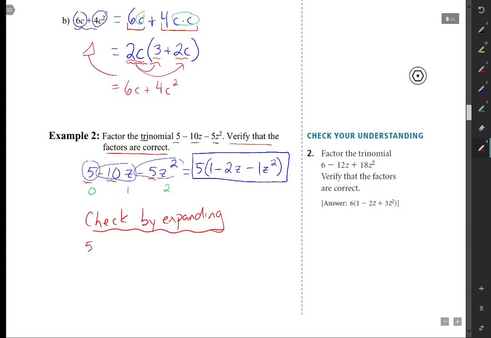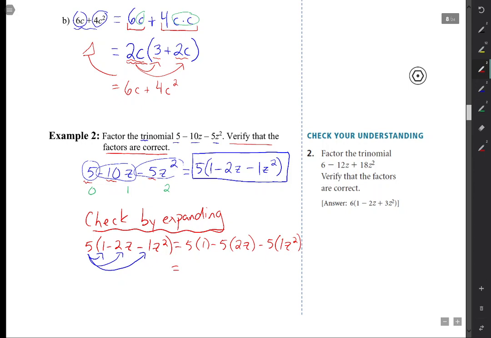So we take 5 times 1 minus 2z minus 1z squared. And to expand that, we are going to multiply this 5 into every single term. So that looks like 5 times 1 minus 5 times 2z minus 5 times 1z squared.